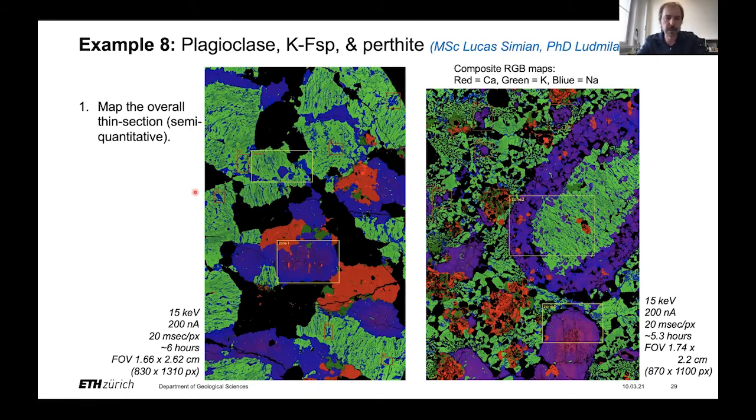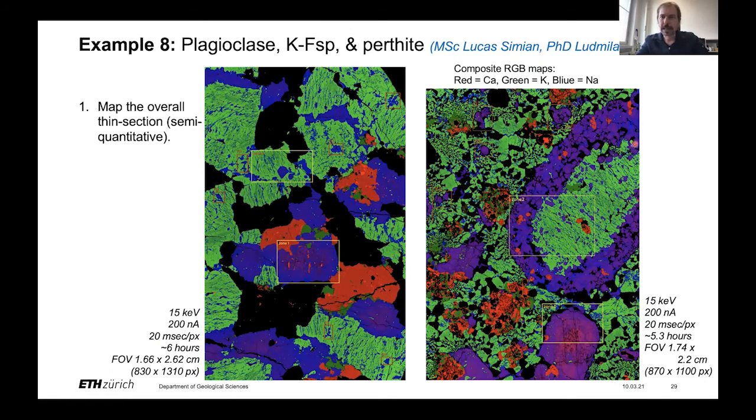Here you can see that in 6 hours, we can have a full overview of the thin sections, which can help you get not only an idea of what kind of plagioclase, for instance this one in zone 1, which plagioclase are zoned and how strongly they are zoned. You can also observe beautiful perthites and different plagioclase generations, etc.